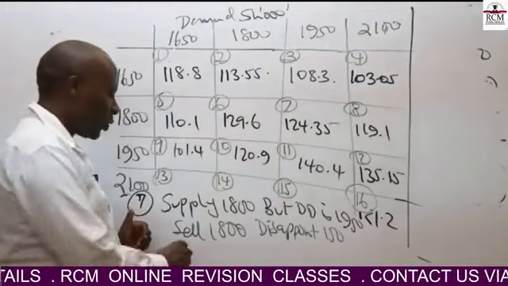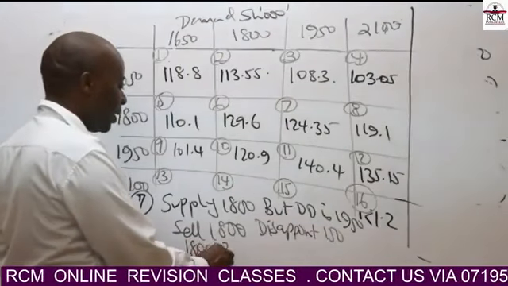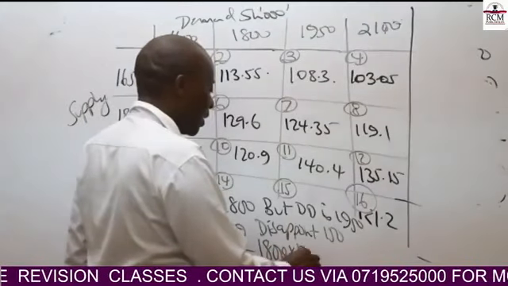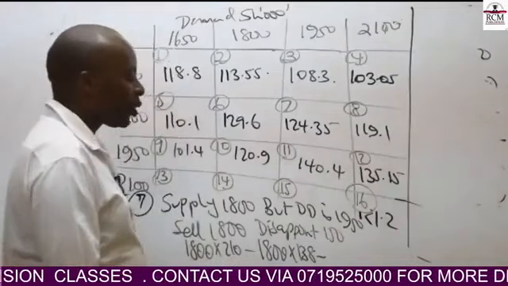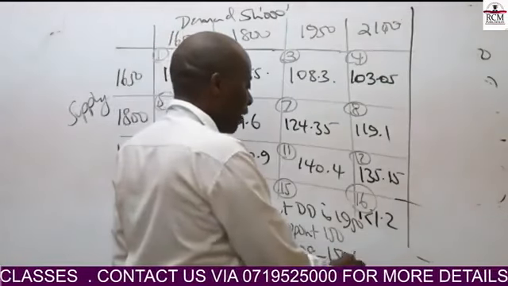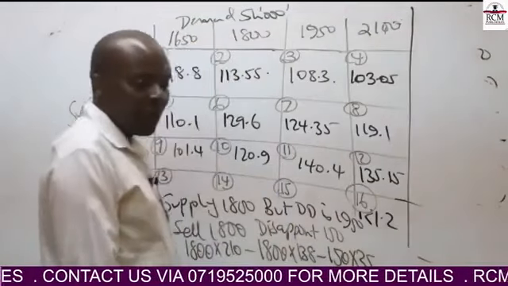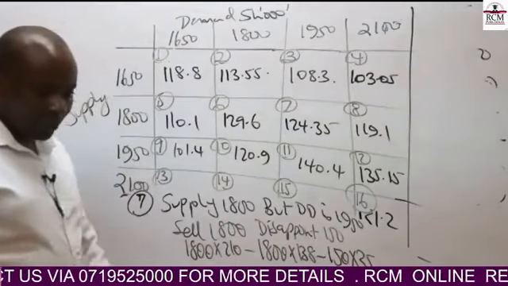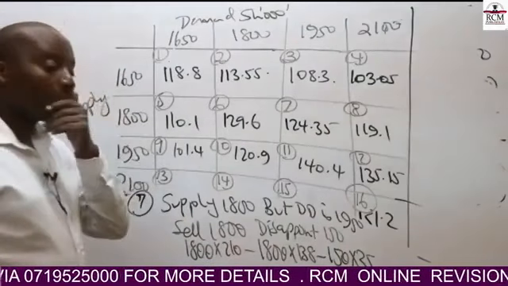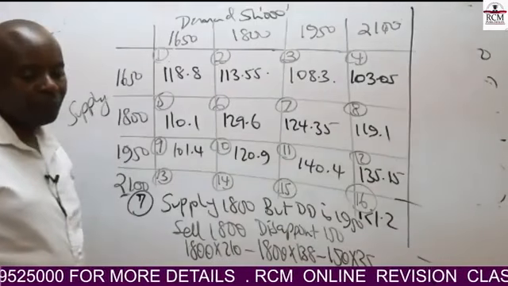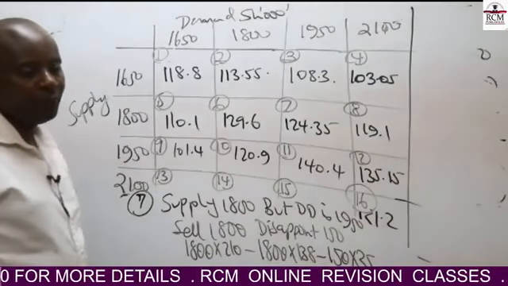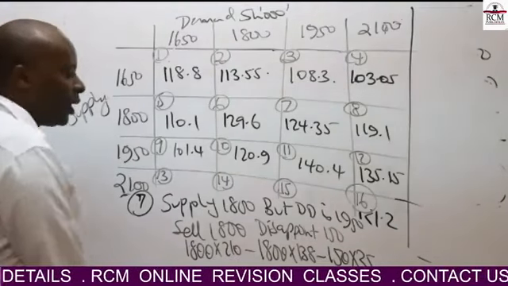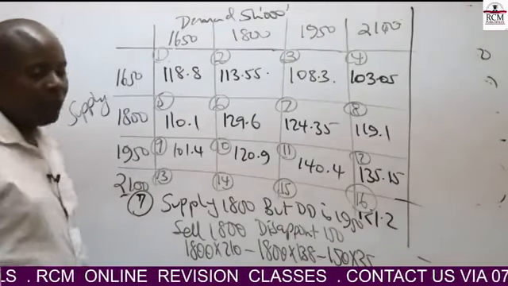So then my selling will be 1800 times 210 minus 1800 times 138 minus the cost of disappointing these 150 customers, so 150 times 35. Could you kindly confirm that cell number 7 is 124.35?